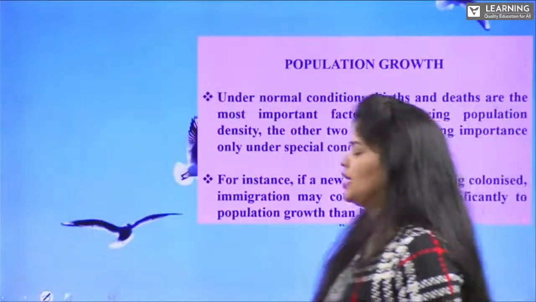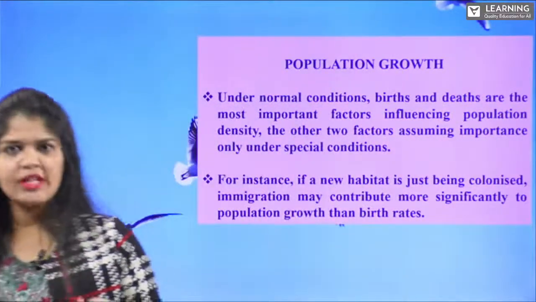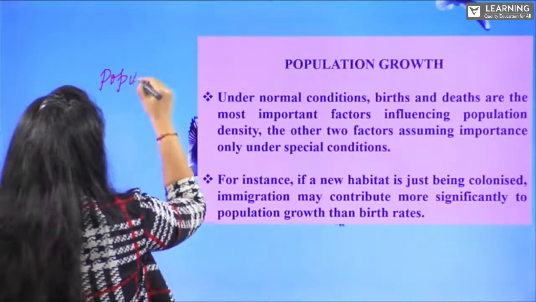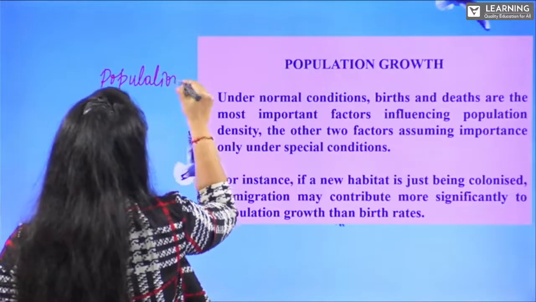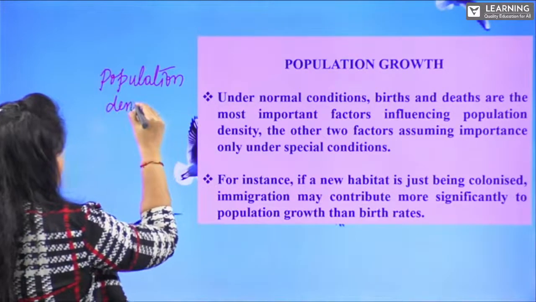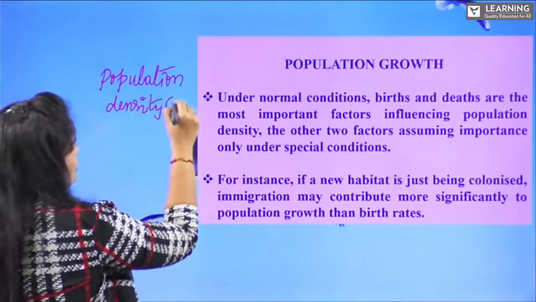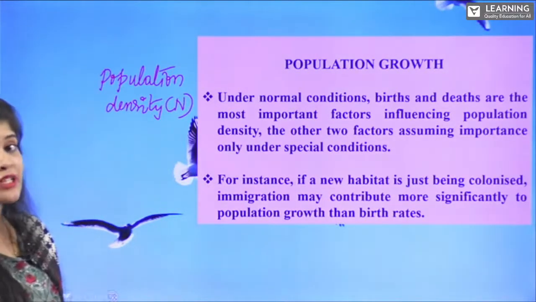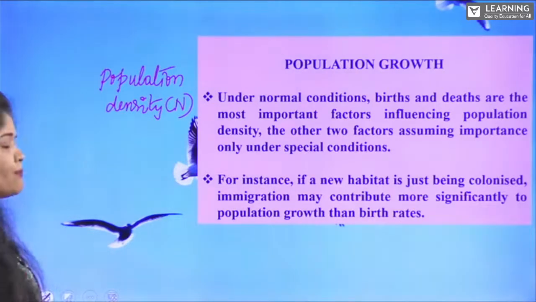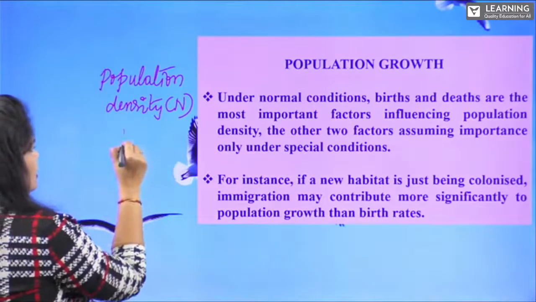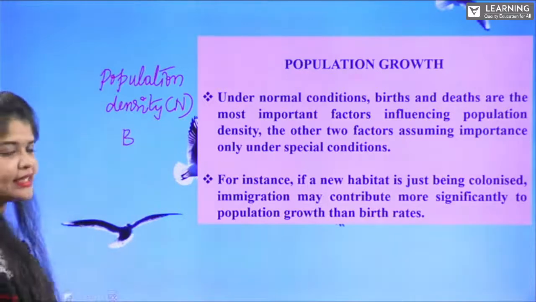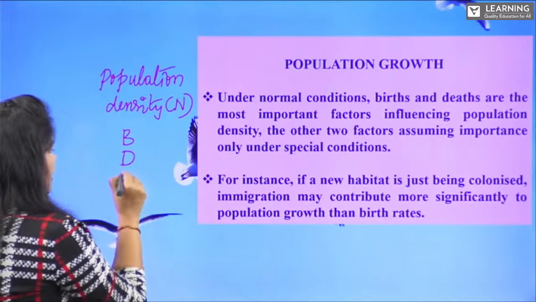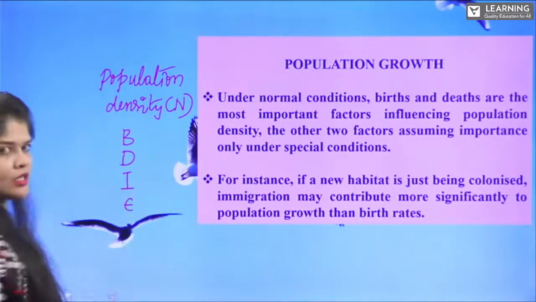Now, moving on. So here, we know that population density shows changes, and those changes are influenced by four basic processes. What are they? Birth, that means natality; death, that means mortality; immigration, and emigration.